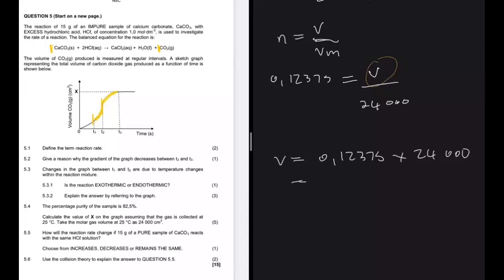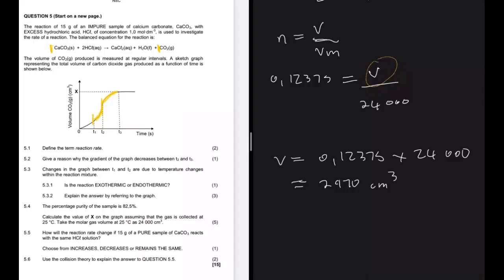Multiplied by 24,000, that is giving me 2,970 centimeter cube. So the value of X for our equation is 2,970 centimeter cube.